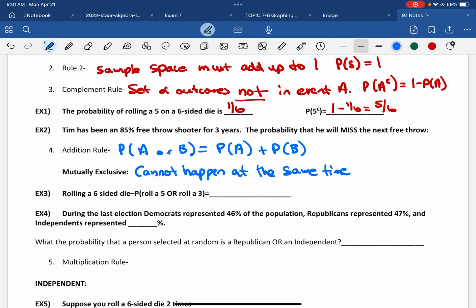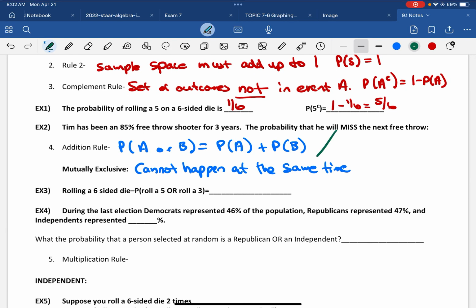If they can happen at the same time, then the formula is a little bit different. It's the probability of event A plus the probability of event B minus the probability of event A and event B. That's a little bit of notation. So the probability of event A plus the probability of event B minus the probability they both happen, if they can happen at the same time.